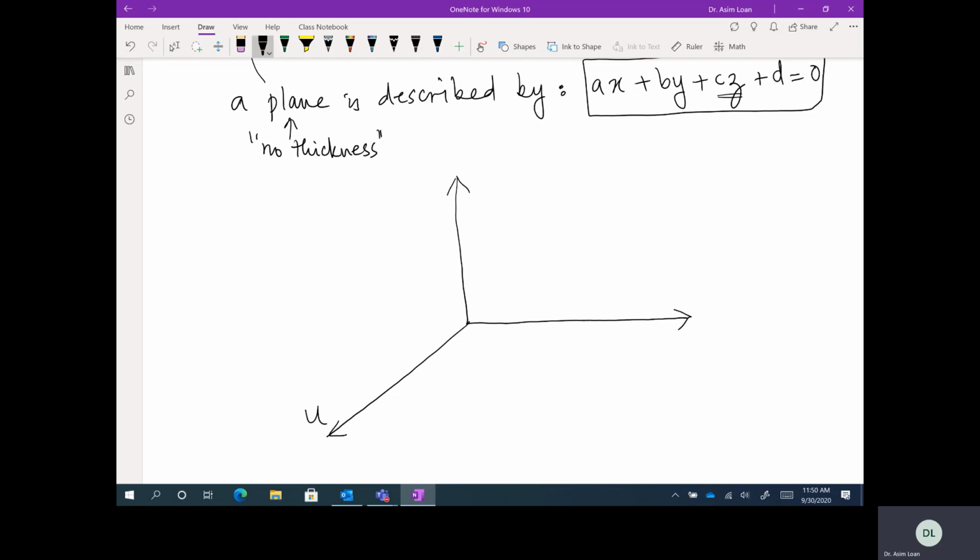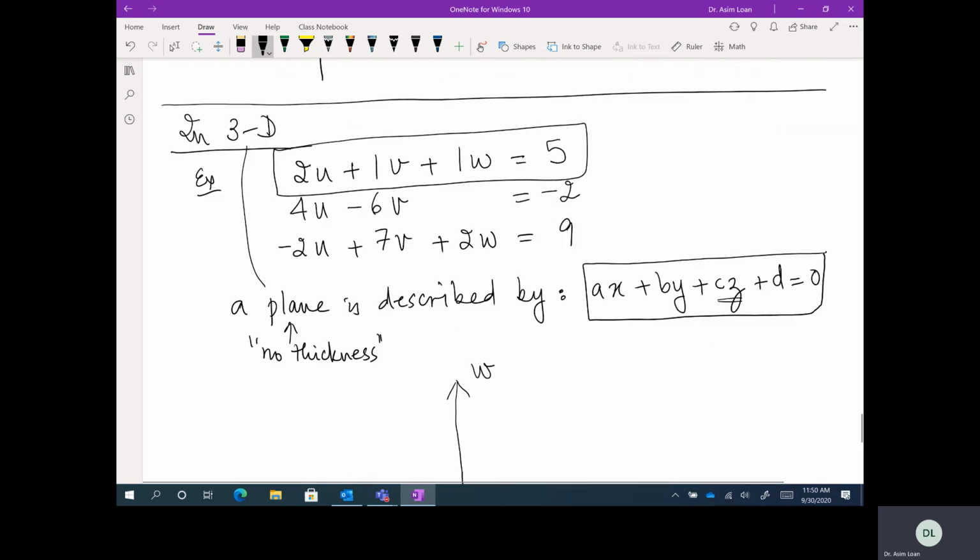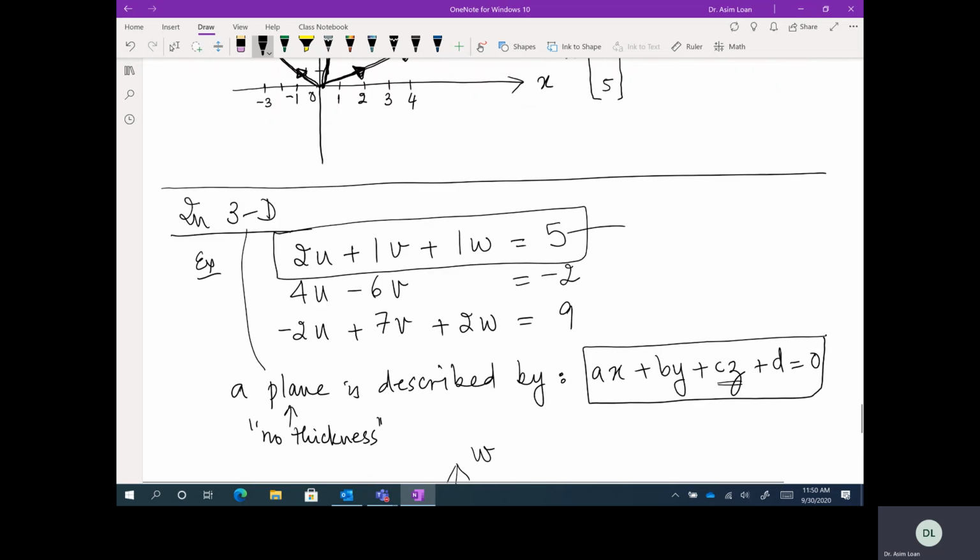So u, v, w, this is the origin. If this 5 is a 0, this implies the plane passes through the origin. Plane passes through the origin. And why is that? Plane passes through the origin.